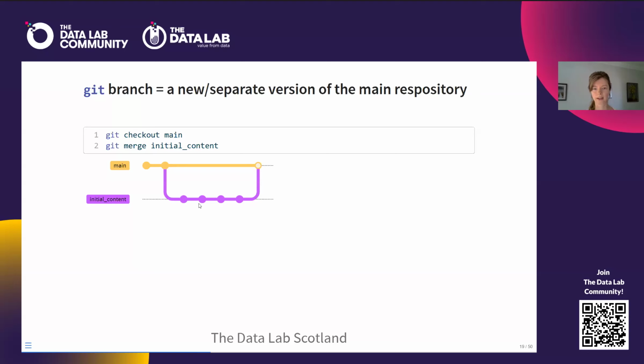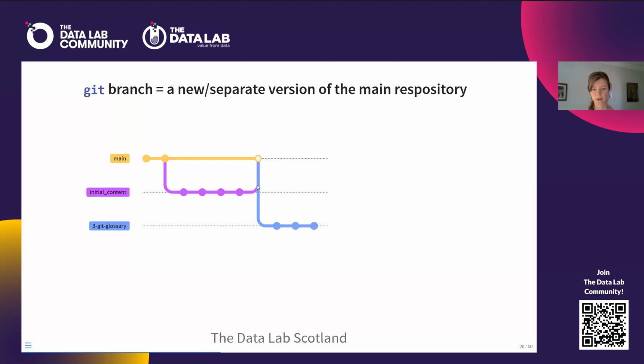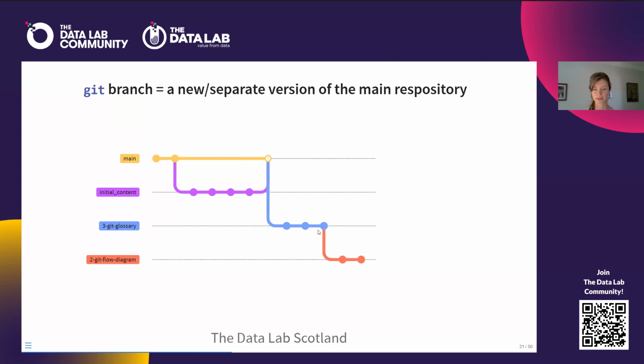Say I was working on this branch, and maybe Joe came along and made a branch to make the Git glossary here. You can also have branches coming off other branches. Say I made a branch to work on a Git flow diagram, coming off this side branch.